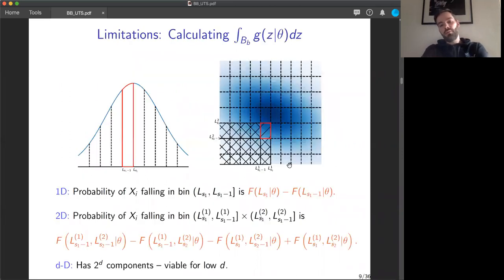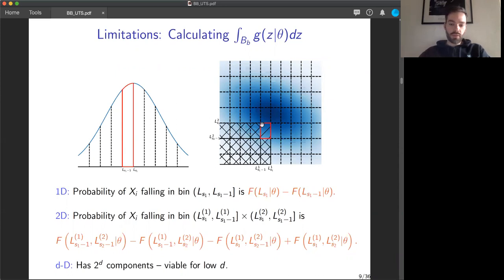Now, that's one of the limitations. We need to compute the integral of the model to know the probability according to the model to fall in some bin. So in one dimension, it's relatively easy. We just need to take the difference of the two univariate CDFs at the upper and lower value of the bins.